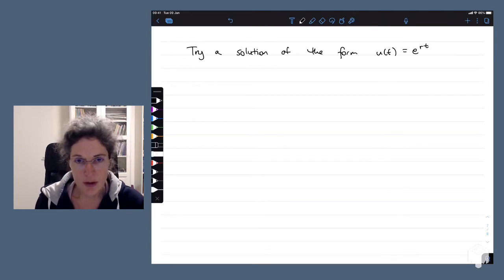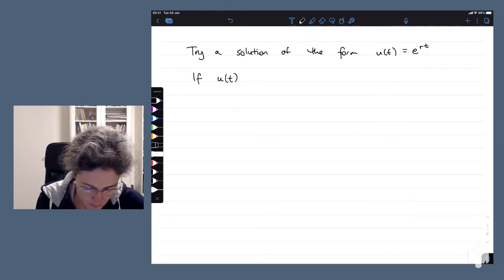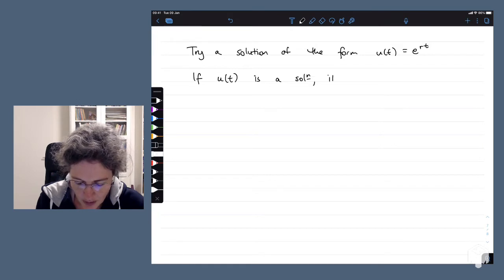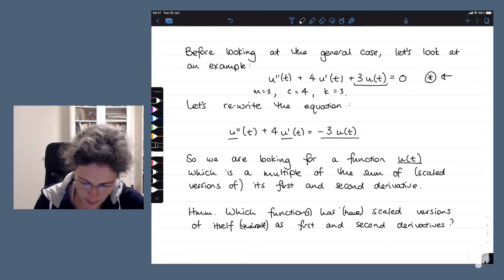So we're going to assume that this is a solution, but in order to show that it's a solution, we need to make sure that it fits into our differential equation. So if our u of t that we're positing is a solution, then it must satisfy the equation that we're wanting to solve, which is this one over here.